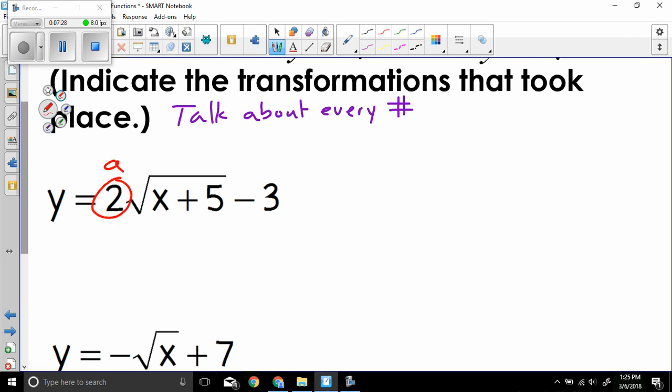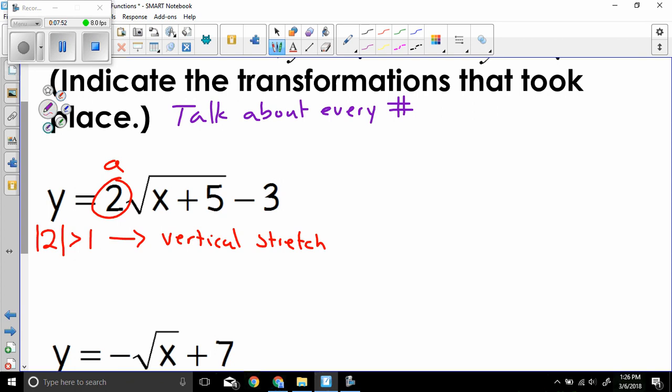This 2 is an A value. A values tell me if it shrinks or stretches. 2, the absolute value of 2 is greater than 1. Thus, this is known as a vertical stretch. Okay. Now, is A positive or negative? Well, A is positive here, so there's no horizontal reflection, so I don't even mention it.